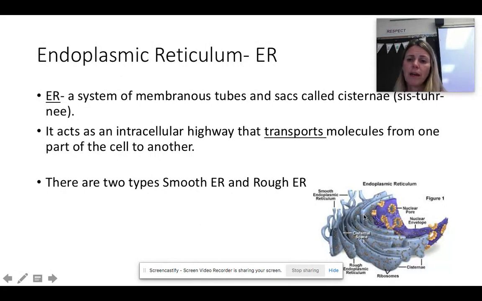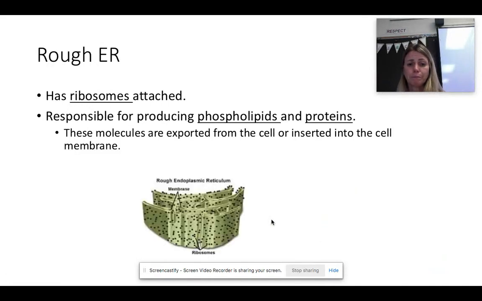So little pieces come out of the nuclear pore, and that's called mRNA. And that's actually where ribosomes, which are stuck on the rough ER, are manufacturing the proteins. Then it's going to be transported and then finally into the smooth ER, which is going to make these little round vesicles, and that's going to transport through to the cell membrane.